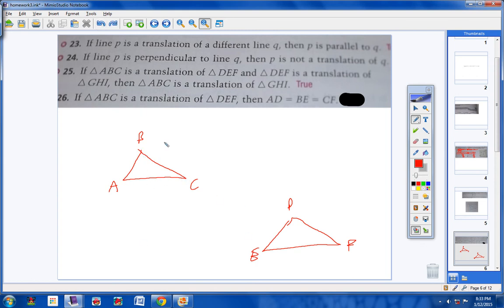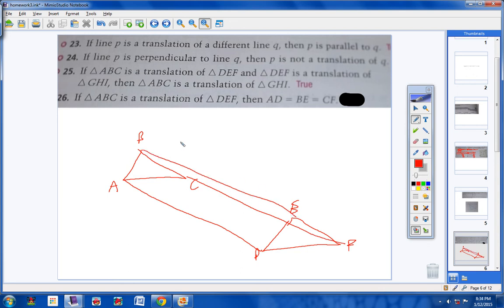So, if that's true, then the length of AD, and I've got to fix these. I got these in the wrong order. There we go. Triangle ABC, DEF. Then AD has to be the same distance as CF, which has to be the same distance as BE.